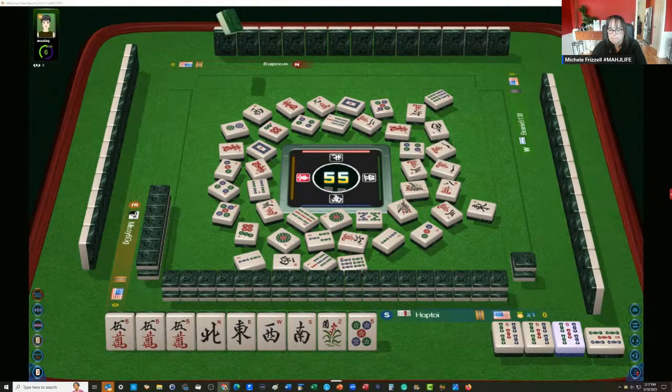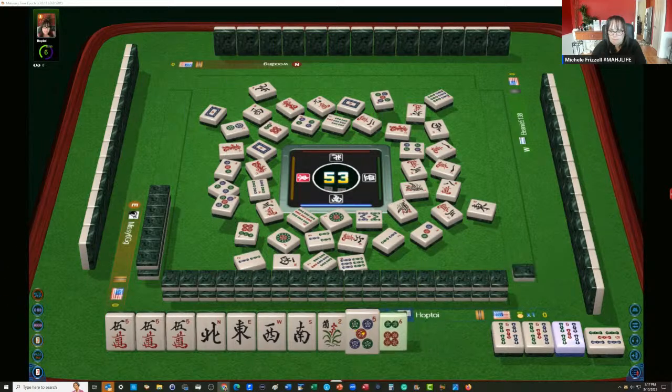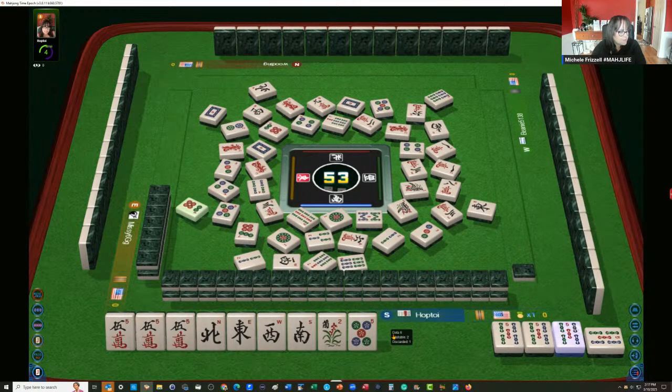6 bamboos. White dragon. North wind. Okay, 6 is out. 6 dots. 6 bamboos.